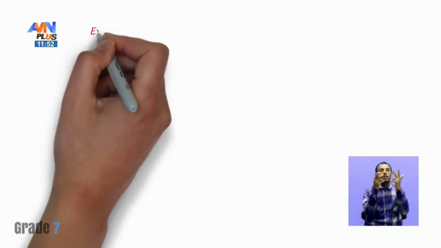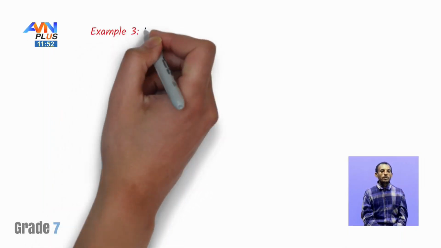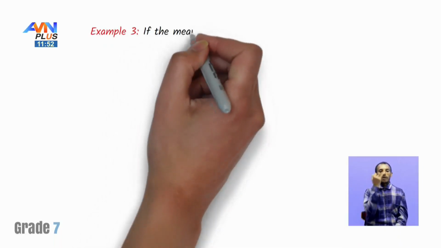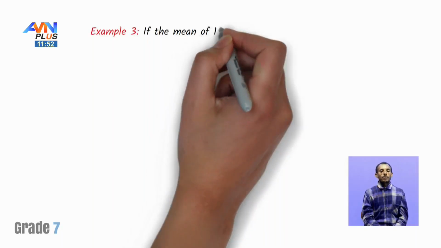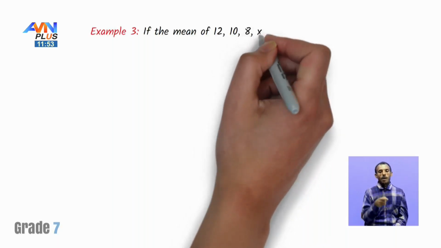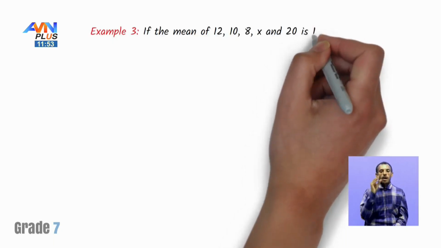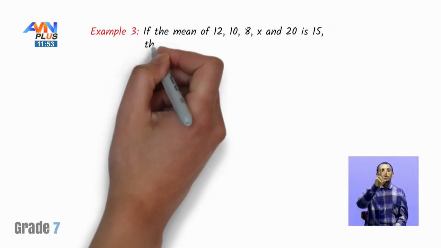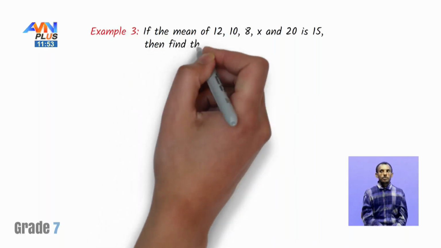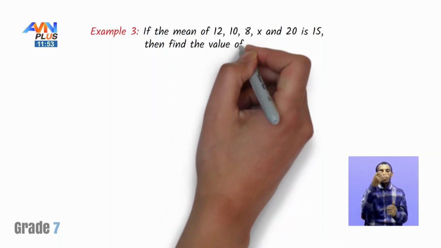Example 3. If the mean of 12, 10, 8, x and 20 is, the mean of this data is 15, then find the value of x.